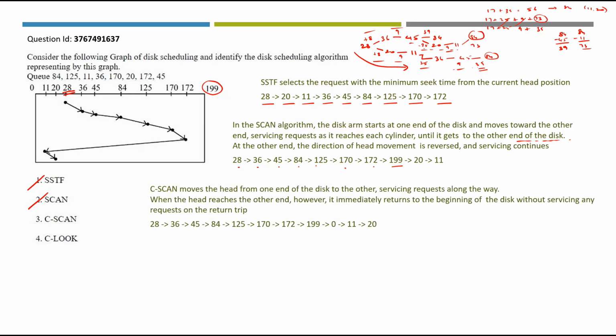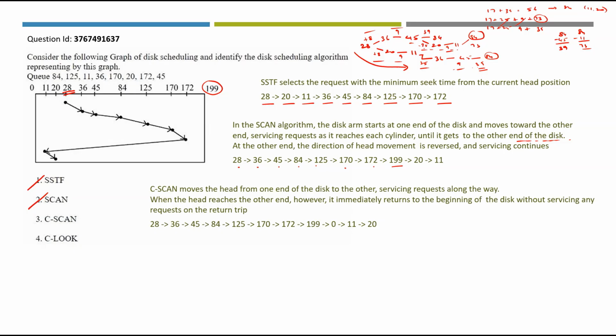What about C-scan? C-scan moves the head from one end of the disk to the other, servicing requests along the way. When the head reaches the other end, however, it immediately returns to the beginning of the disk without servicing any requests on the return trip.